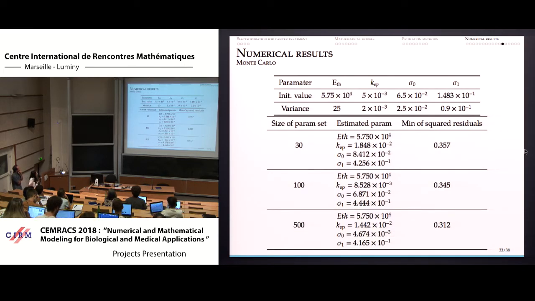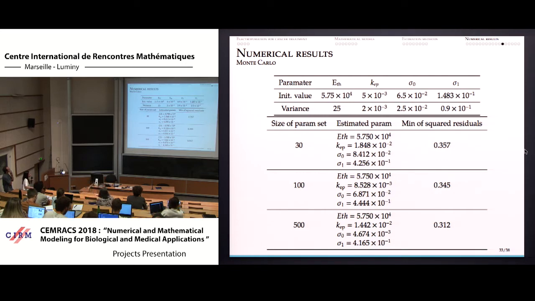From the prior value theta zero, which contains the 4 parameters, and you can see the values in the first table, we generate a set of parameters from the prior parameters, from uniform distributions with some variance.